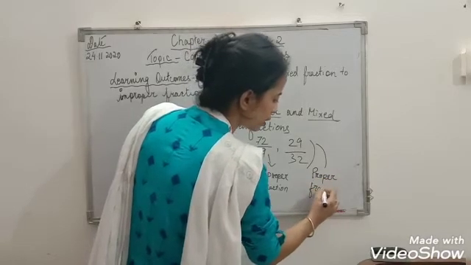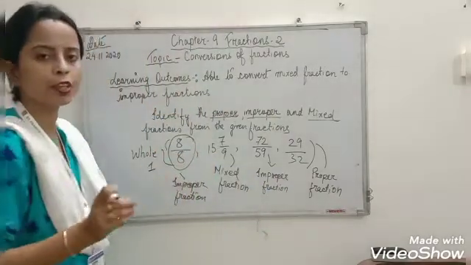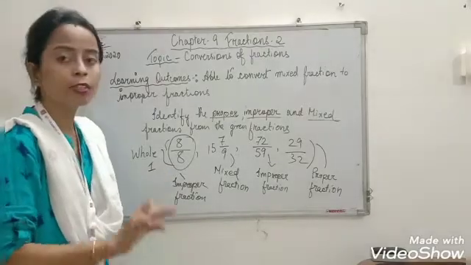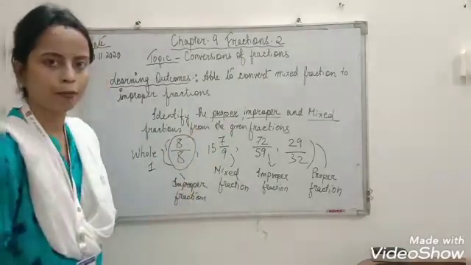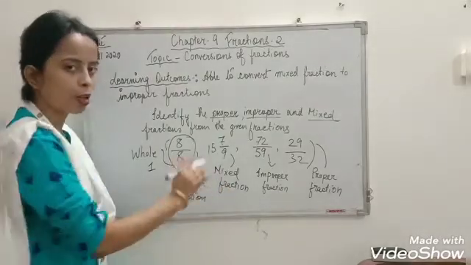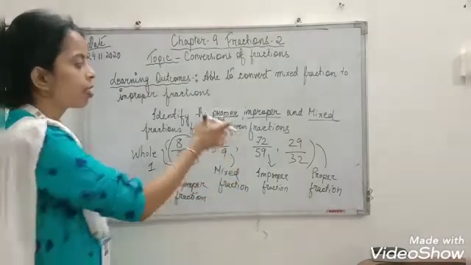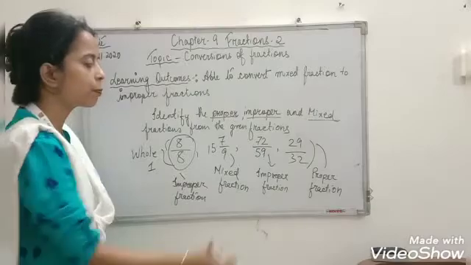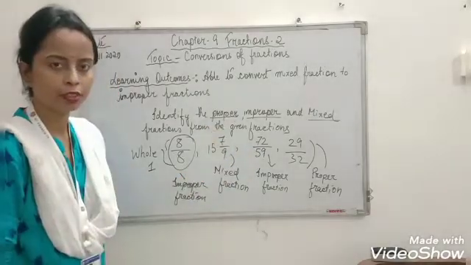Got it, children? So in our previous class, we have learned the definitions of proper fraction, improper fraction, and mixed fraction. A mixed fraction is a combination of a whole number and a proper fraction. Proper fraction: numerators are less than the denominator. Improper fraction: numerators are greater than the denominator.